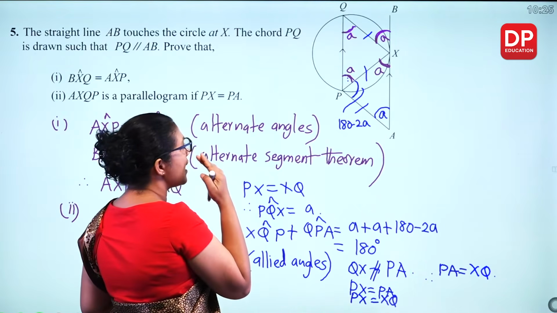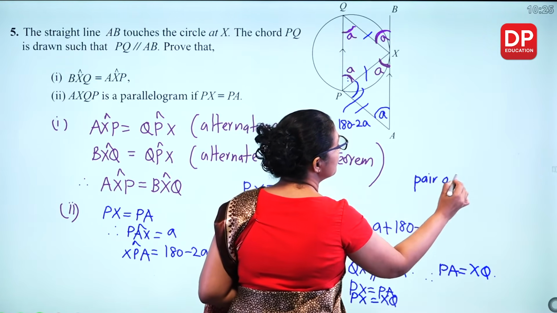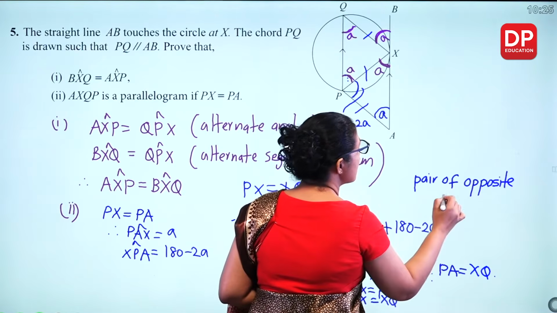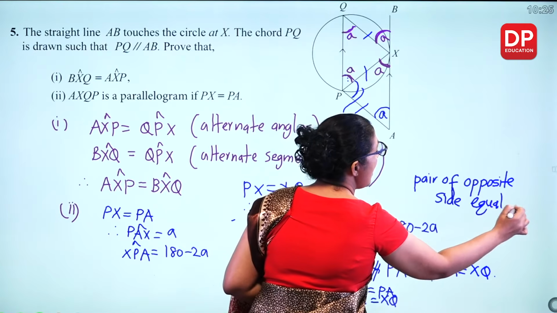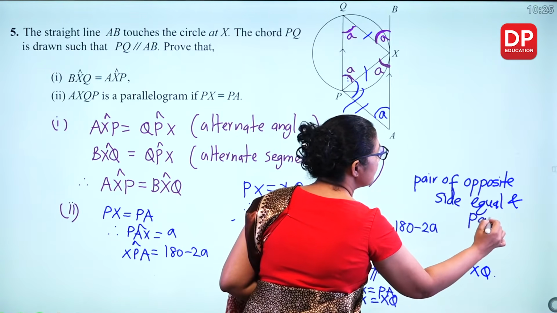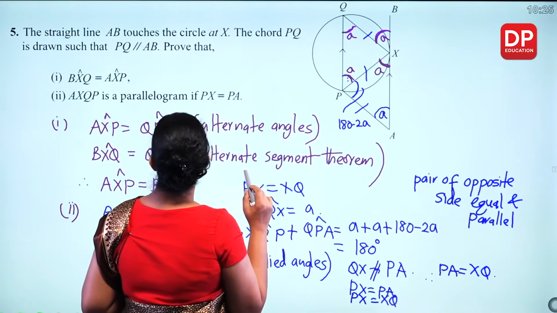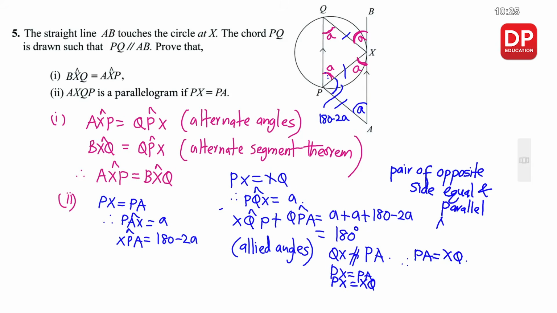So a pair of opposite sides equal and parallel. We can say that AXQP is a parallelogram.